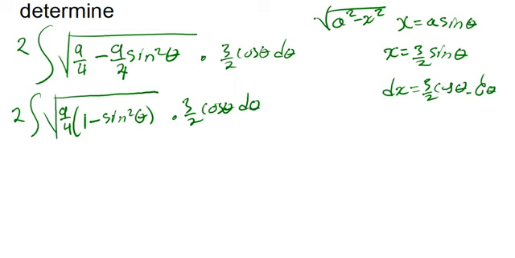Here I have the square root of 9 over 4, which is simply 3 over 2, and this simply becomes a 3. Because I have a 2 outside, then 3 over 2, this 2 goes and that 2 goes, and I remain with a 3.